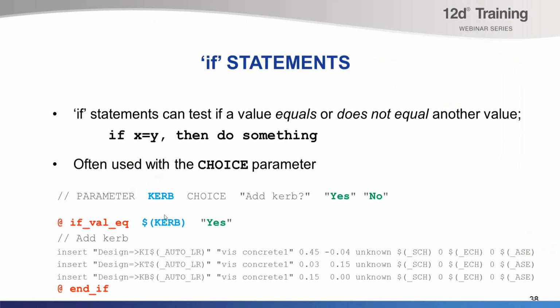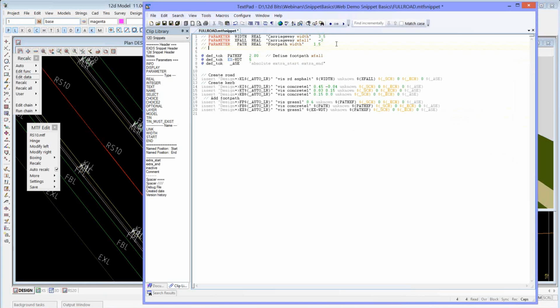The way the snippet will work, it'll come down here, it'll test, do you want to add a curb? Yes, I'll add the curb. If we actually select no, it'll come down here and say, well, the value curb doesn't equal yes, so I'm going to skip over all that and not actually create the curb. Come in here, so we put in our new parameter, our choice.